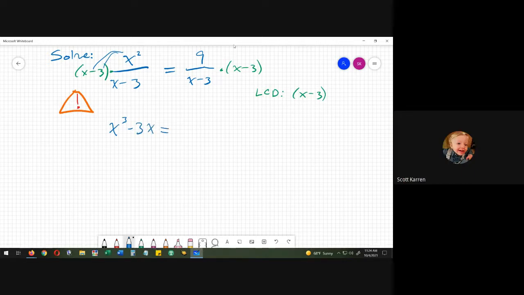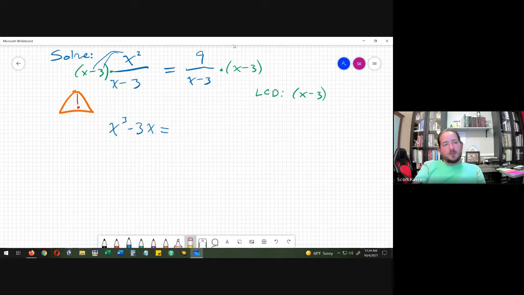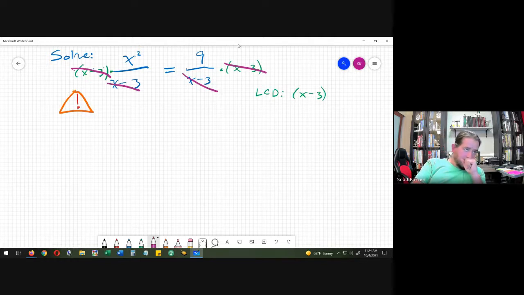Oh, I'm sorry, my bad. We don't want to distribute. Since we've multiplied both sides by x minus 3, that x minus 3 cancels that x minus 3. So I've got x squared equals 9.